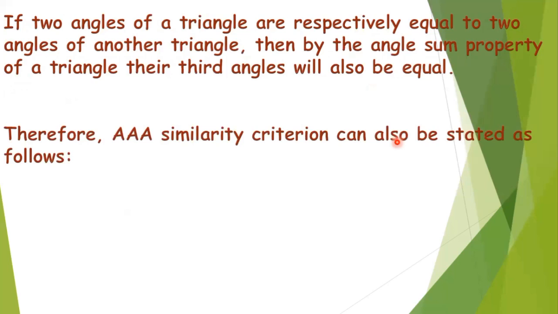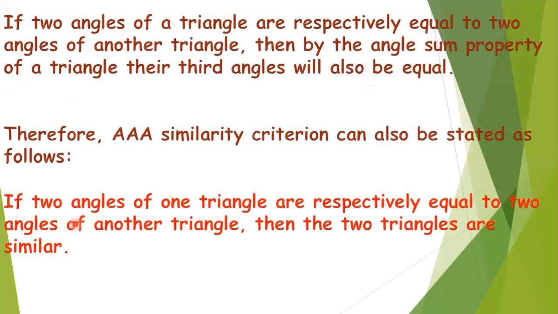Therefore, AAA similarity criterion can also be stated as follows. If two angles of one triangle are respectively equal to two angles of another triangle, then the two triangles are similar.